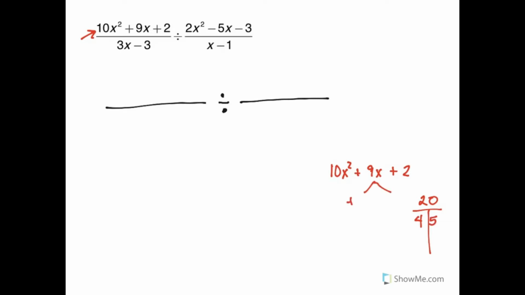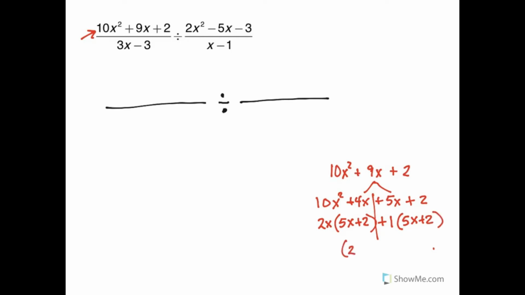So I split the middle term with 4x plus 5x, and now I can factor by grouping. I factor 2x out of the first half, and that gives me 5x plus 2. And out of the second half, I just have 5x plus 2, so I factor out a 1. And that gives me 2x plus 1 times 5x plus 2.